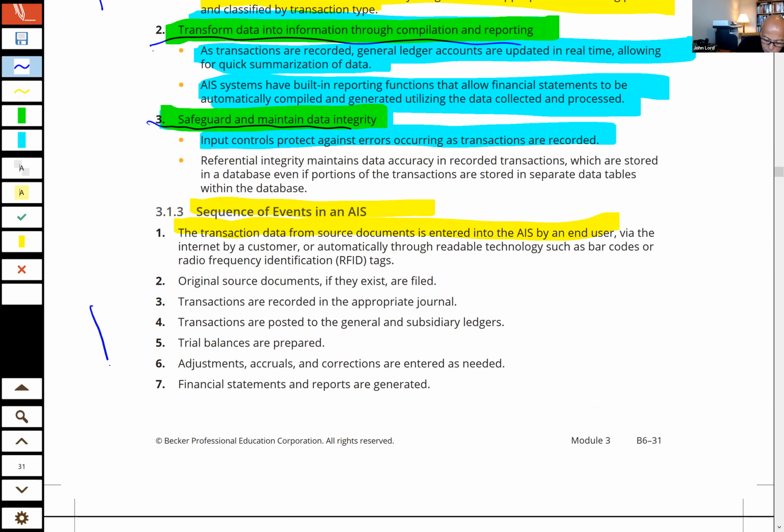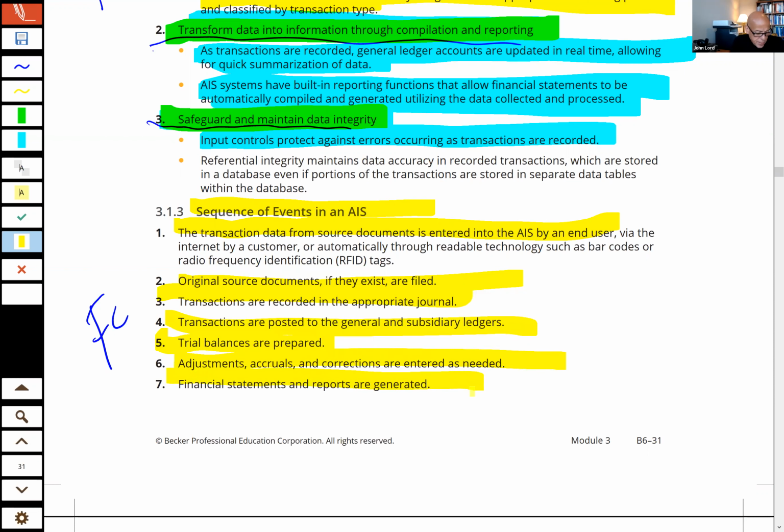So the sequence: you have the original source document, and then transactions are recorded in the appropriate journal, sales, inventory purchase, general journal. Transactions are posted to the general and subsidiary ledgers. Trial balances are prepared. We make any adjustments, and then financial statements and reports are generated.